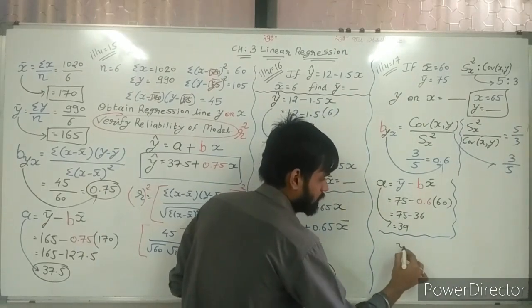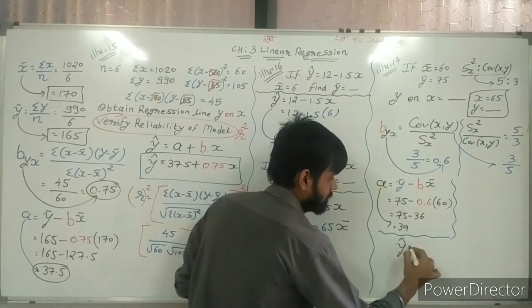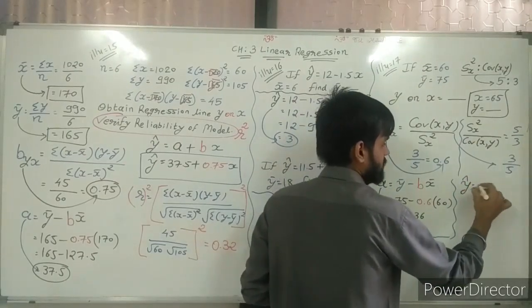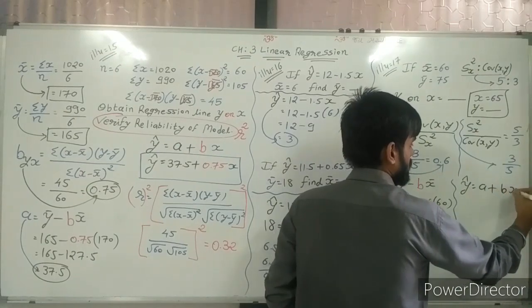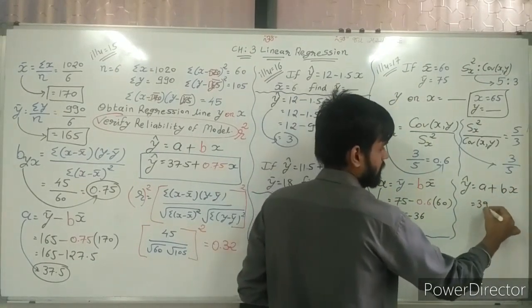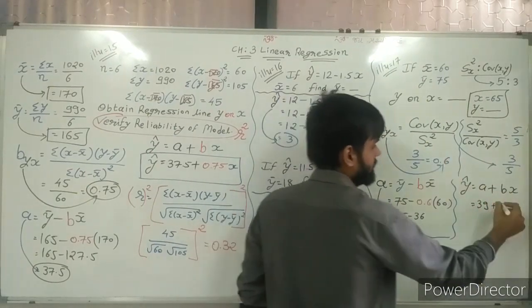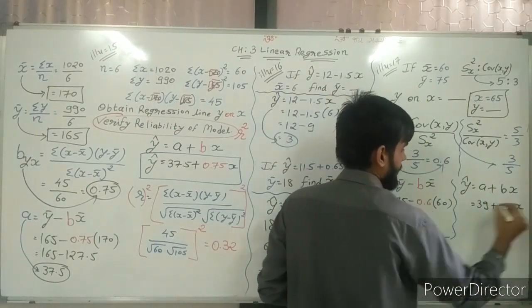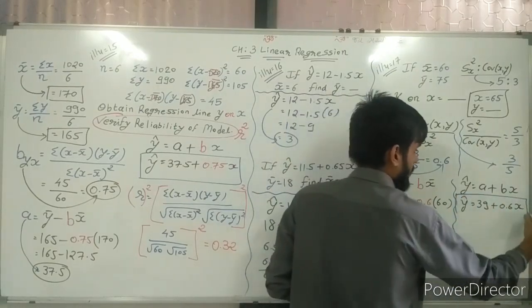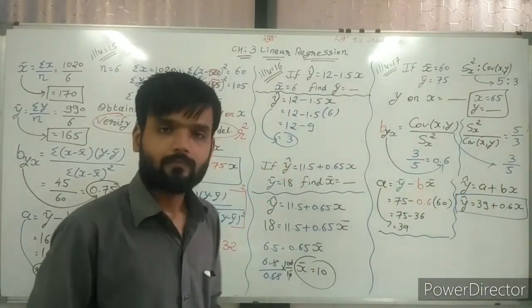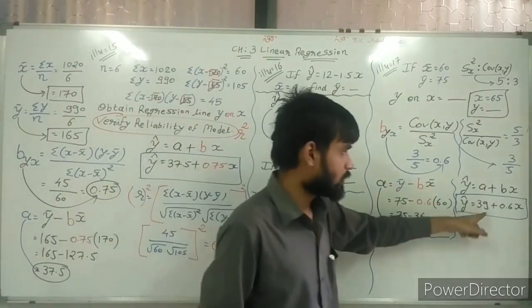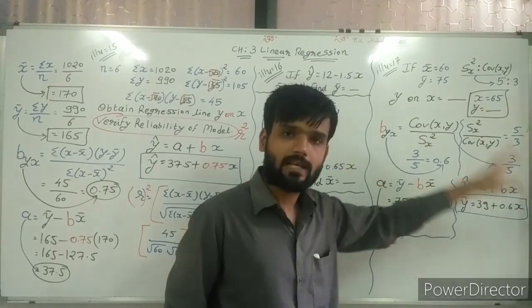Y cap is equal to A plus bx, value of A 39, B 0.6, x. So this is the value of y cap. It's an equation: y cap is equal to 39 plus 0.6 x.